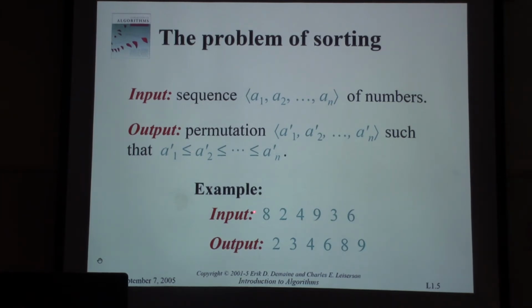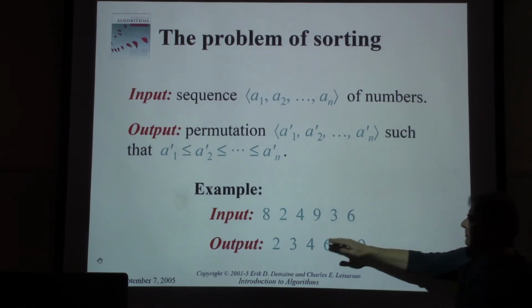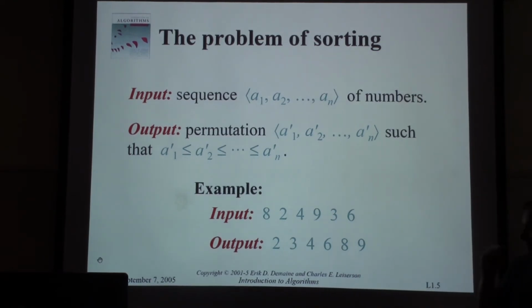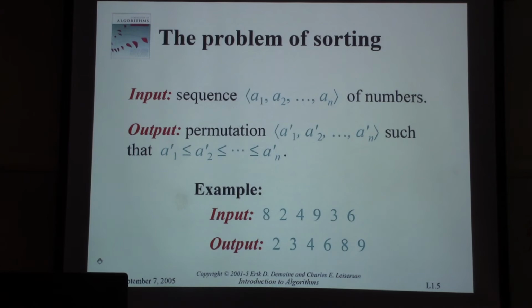So if the input is this one right here, notice that we have some violations. In fact, let me tell you about something interesting here that I'm going to come back to later on. This is not covered in these notes, but if you look over here, this is the correct sequence of sorting, right? So let's look at the current sequence. Look where 8 should be. You see what I'm saying? 8 should be here.